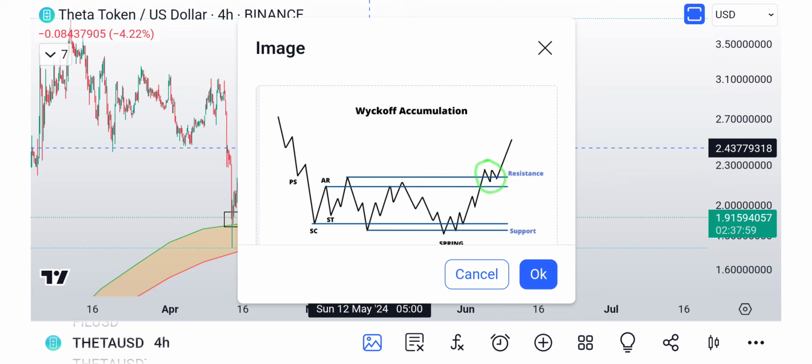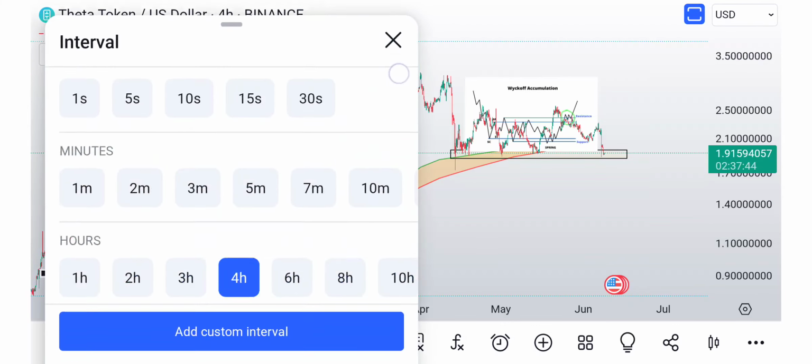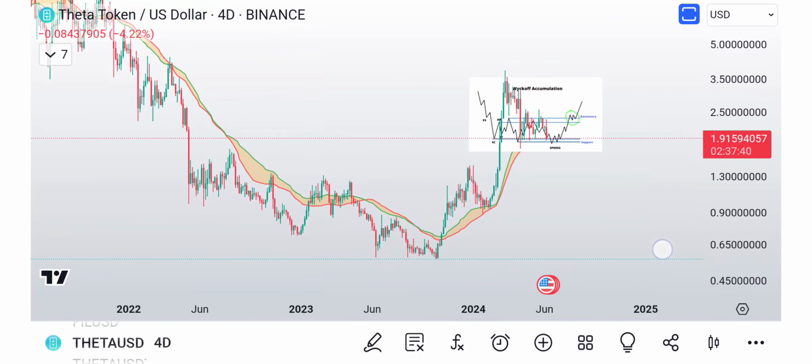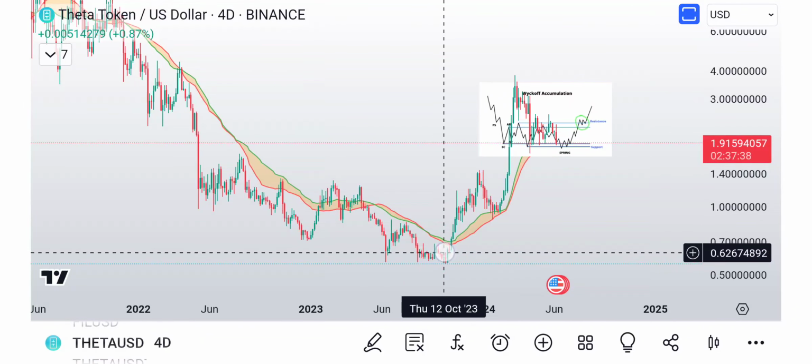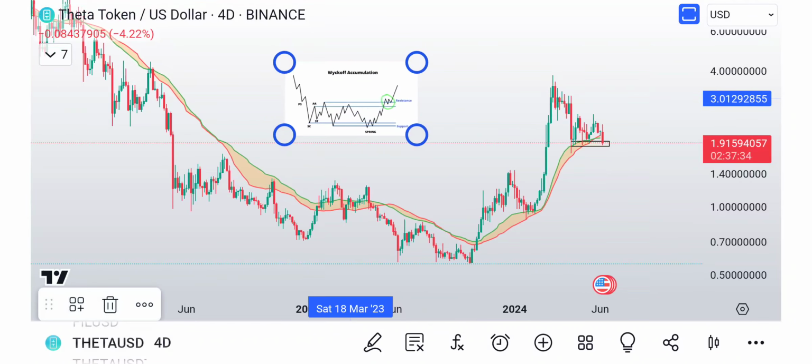Well, look at this. This is our old buddy, our old pal, Mr. Wyckoff accumulation schematic, the one thing that really kicked off this channel and basically, seeing the price of Theta doing what the price of Theta does, right? If we zoom out, this is what we had here. And this is what I was talking about back in October, this massive Wyckoff accumulation pattern.